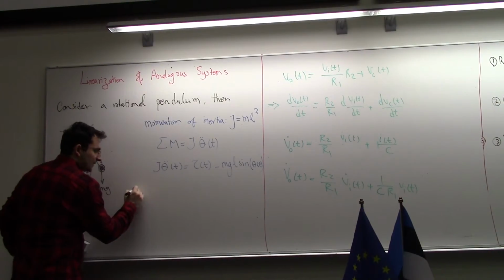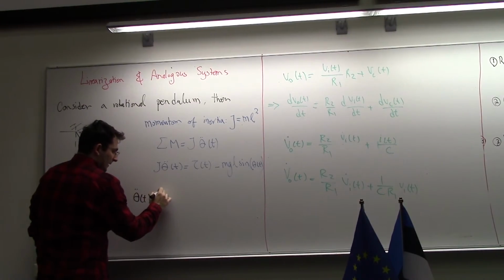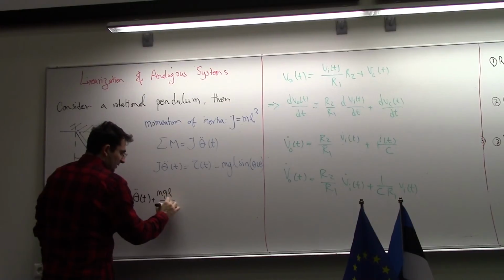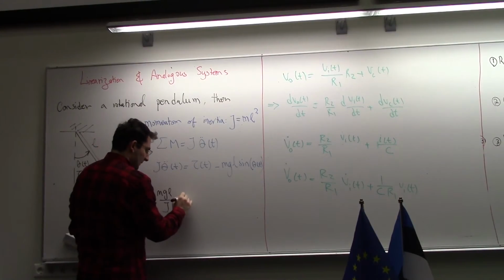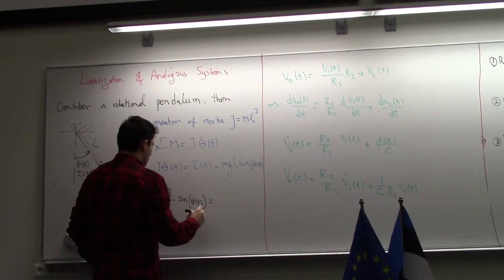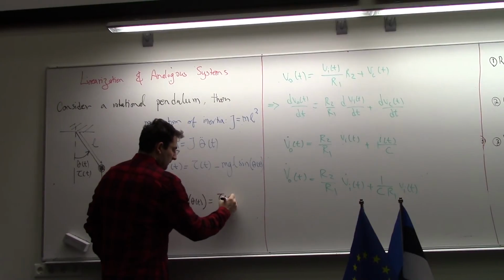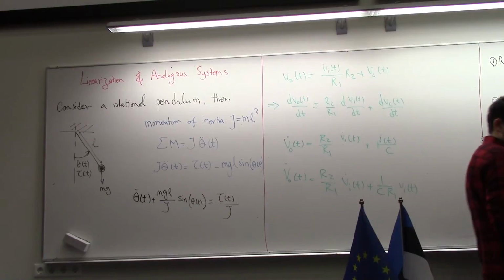Then we can write the system as theta double dot t plus mgl over J sine theta is equal to tau t divided by J. So this is the set of equation that we have.